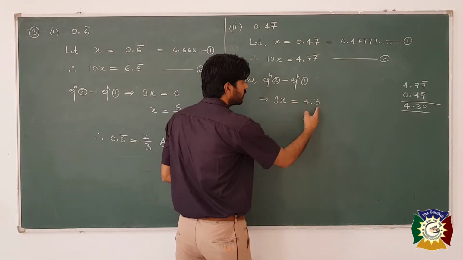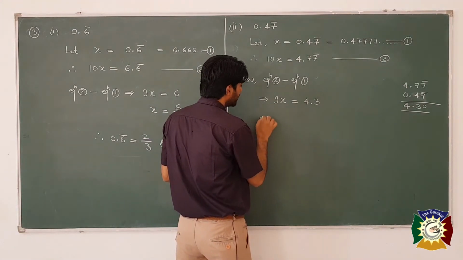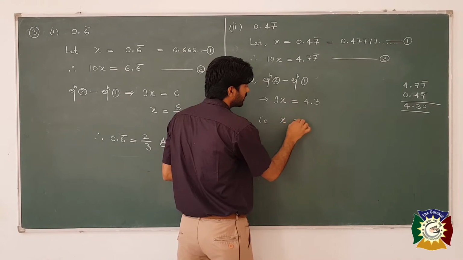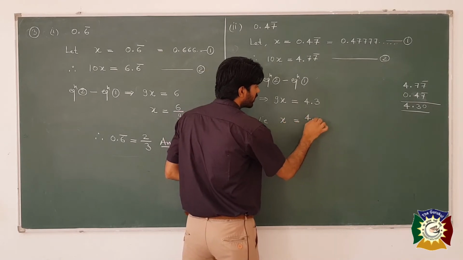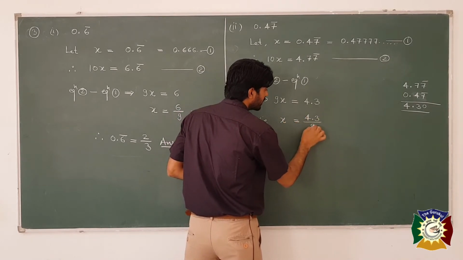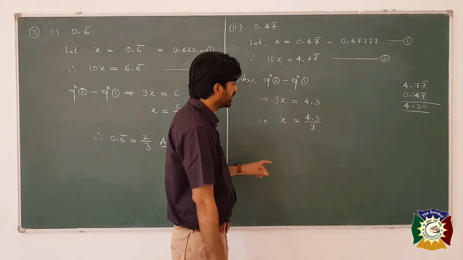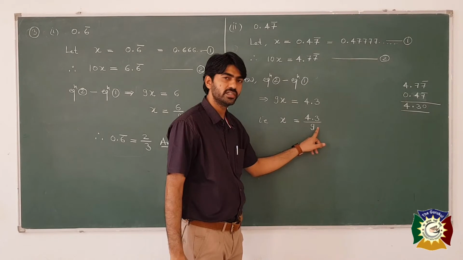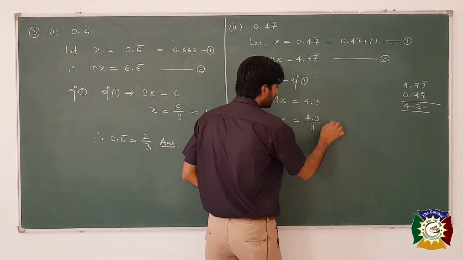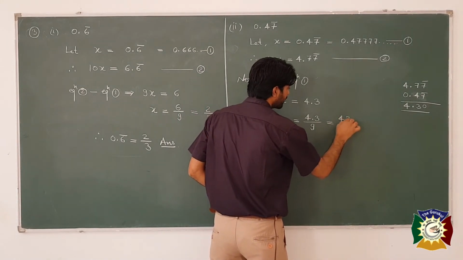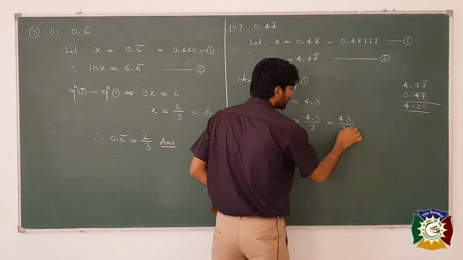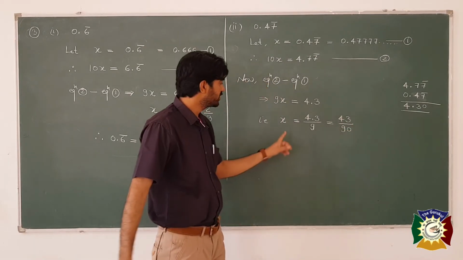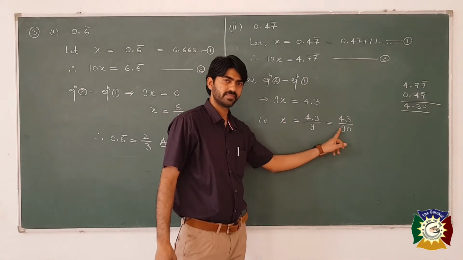Now this 9 will go in division, that is x is equal to 4.3 divided by 9. If I remove this decimal, so I have to put 1 0 in denominator. So it will be 43 by 90. This is value of x.